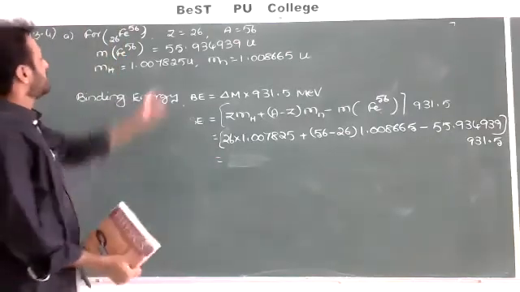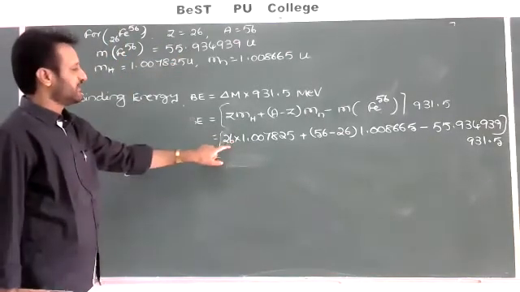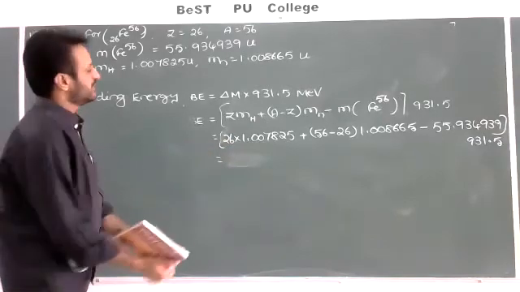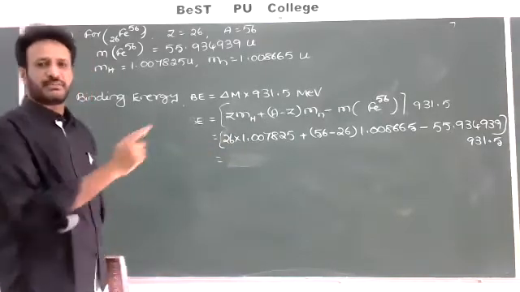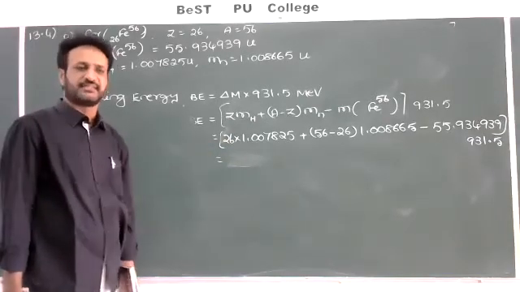How much is it? 26 you should write here, not 7. 26 into 1.007825 you should write.